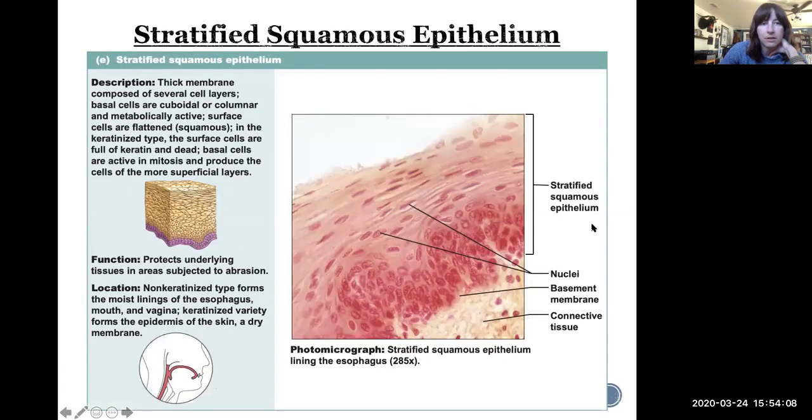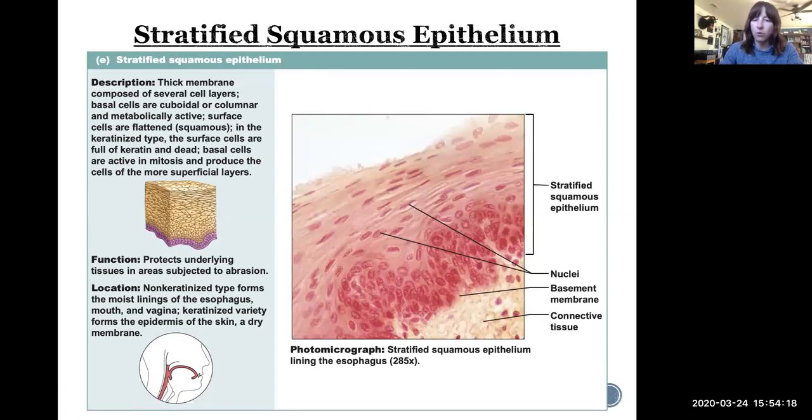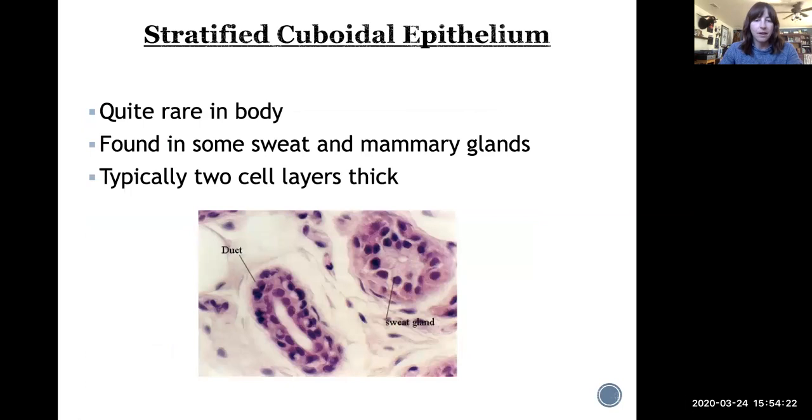And yeah, I'm going to move on. Is that okay? Any other questions? Okay. So we talked about stratified squamous, multi-layered squamous cells. Stratified cuboidal is also a thing, of course. It tends to be rare, so there's only a couple of places where it's found, and that is in the walls of certain types of sweat glands and mammary glands.